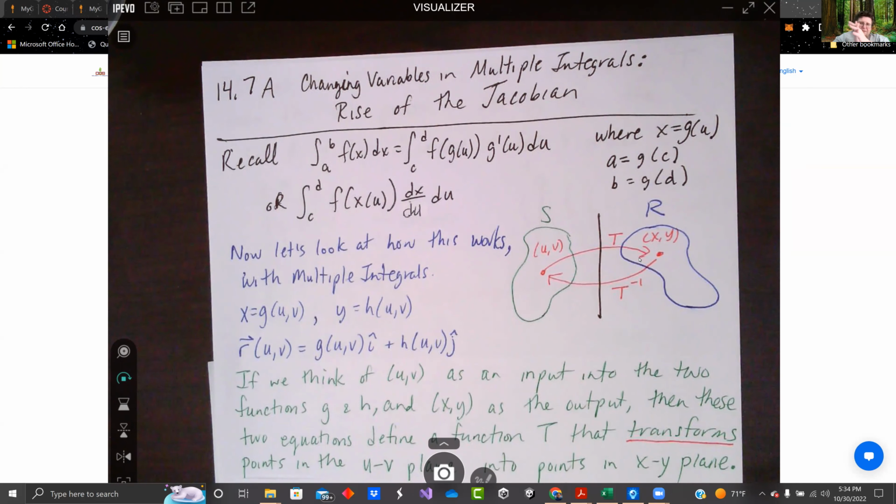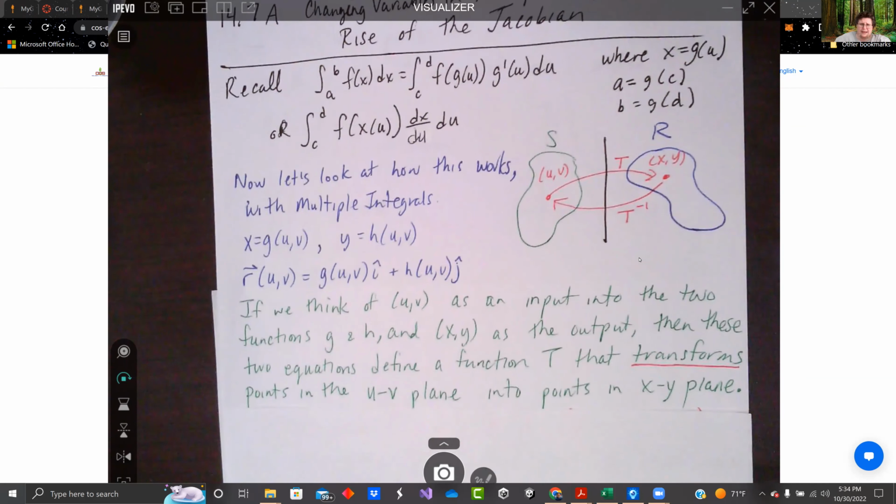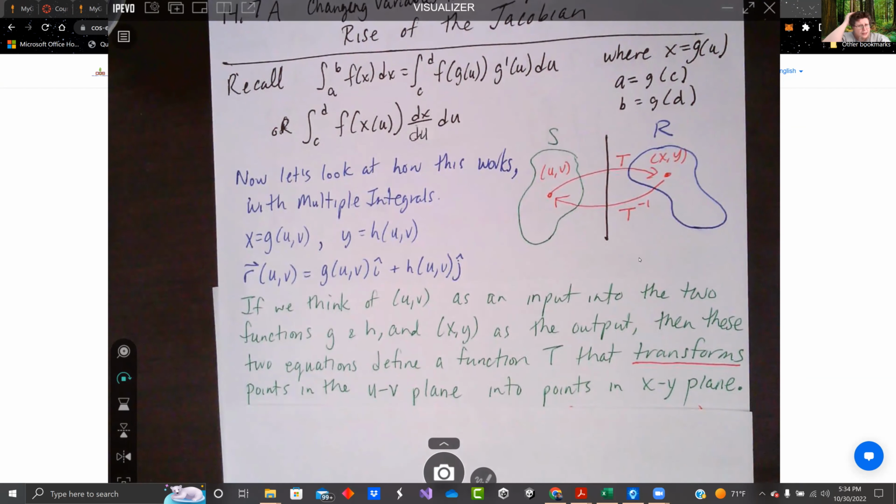If we think of u and v as an input into the two functions, with x and y as the output, then these two equations define a function T that transforms points in the uv plane into points in the xy plane. And we could do something going in reverse, transferring xy into the uv plane.